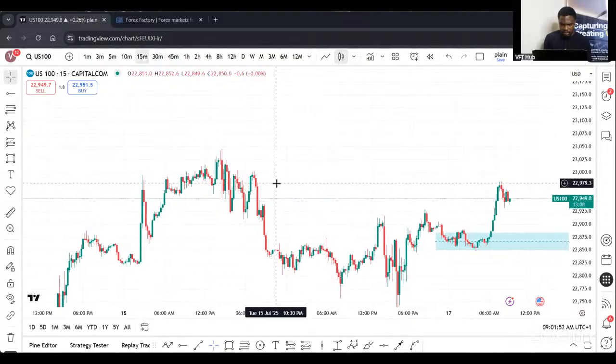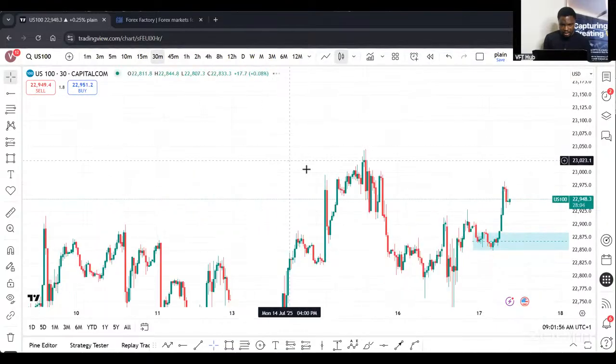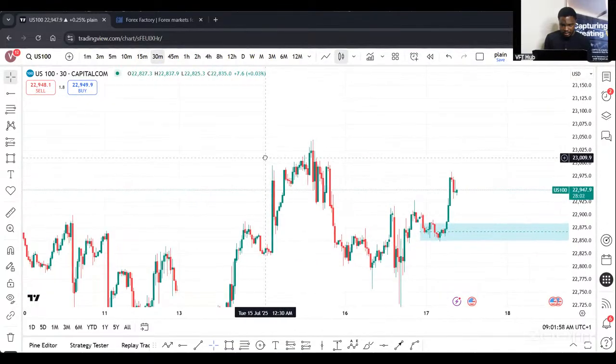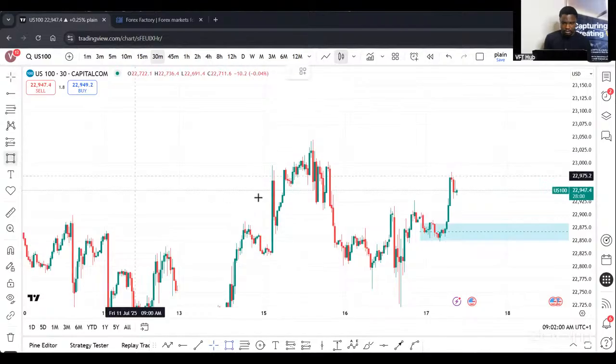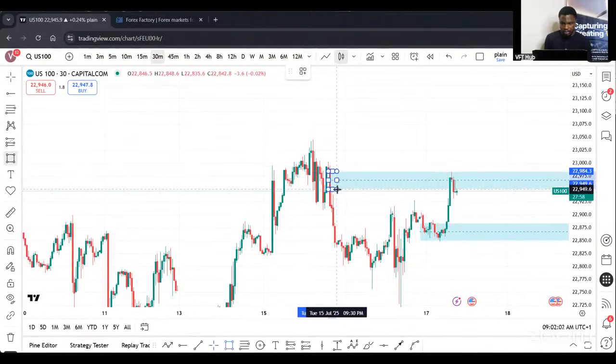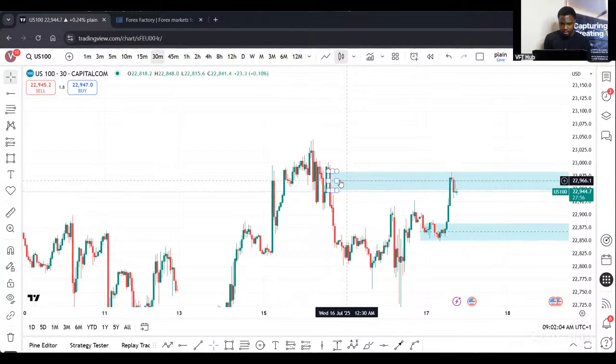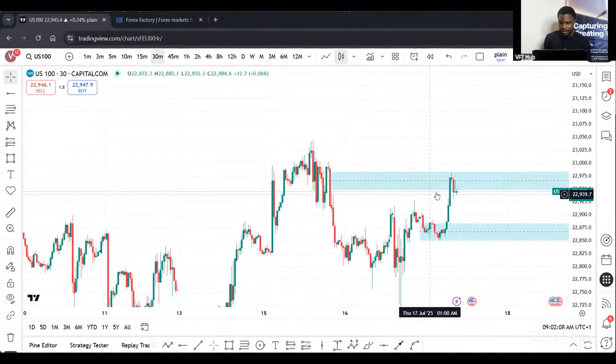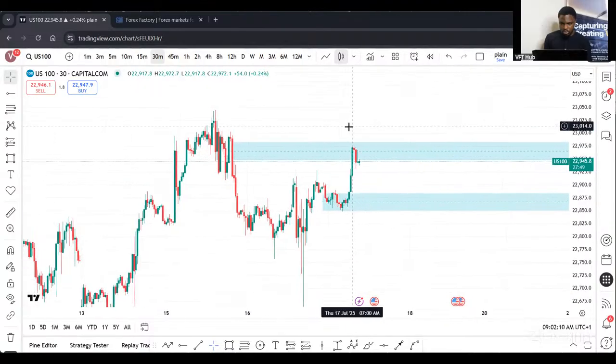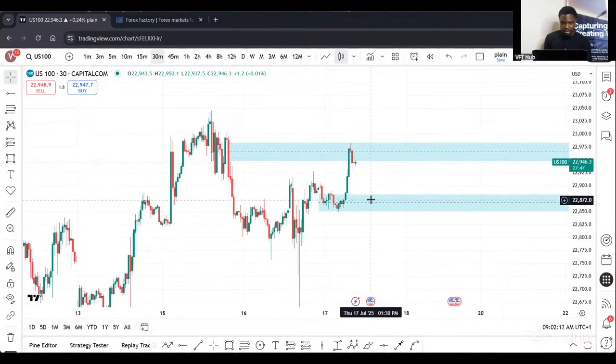Okay, trying to see the box pattern here. Extremely hard, but then okay. This fair value gap, and then break to the downside, fair value gap, and also this zone here to start selling off into this.